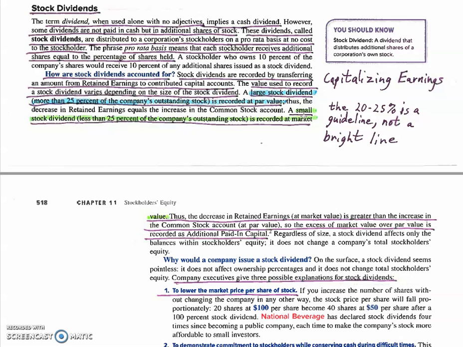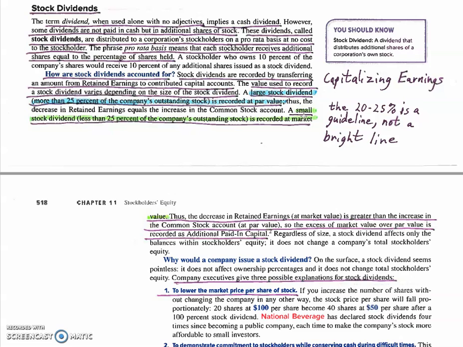Now you may be wondering, why do you do that? Well, several reasons. Number one, sometimes the stockholders are crying for a distribution, for a dividend. You can give them additional shares of stock without having to part with cash, and you may need the cash to fund some sort of growth.